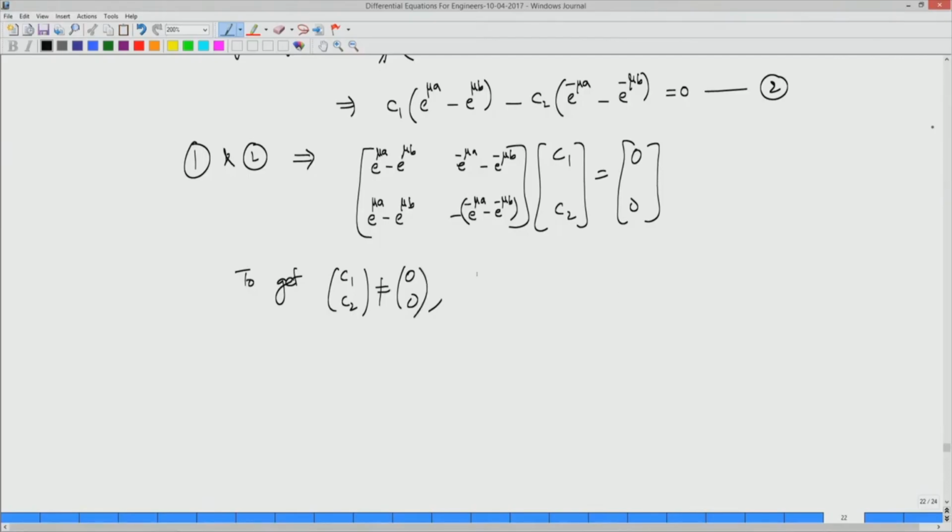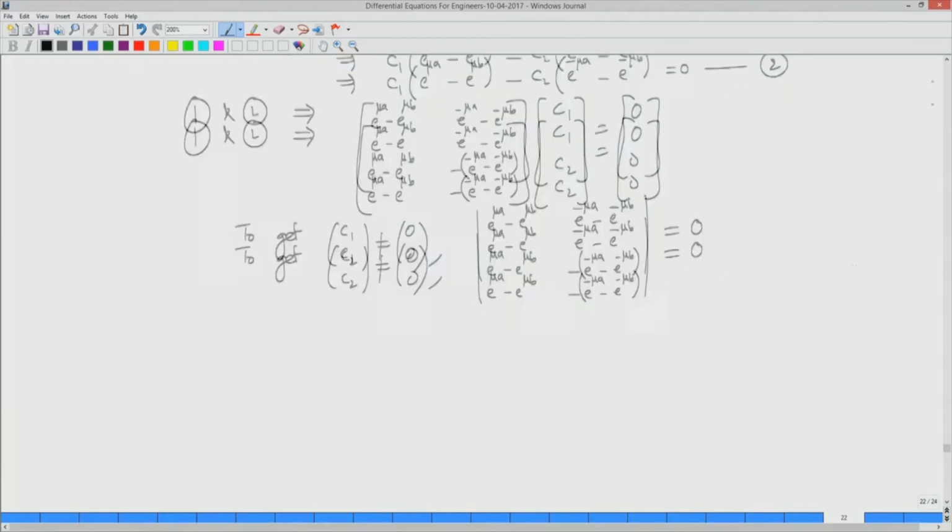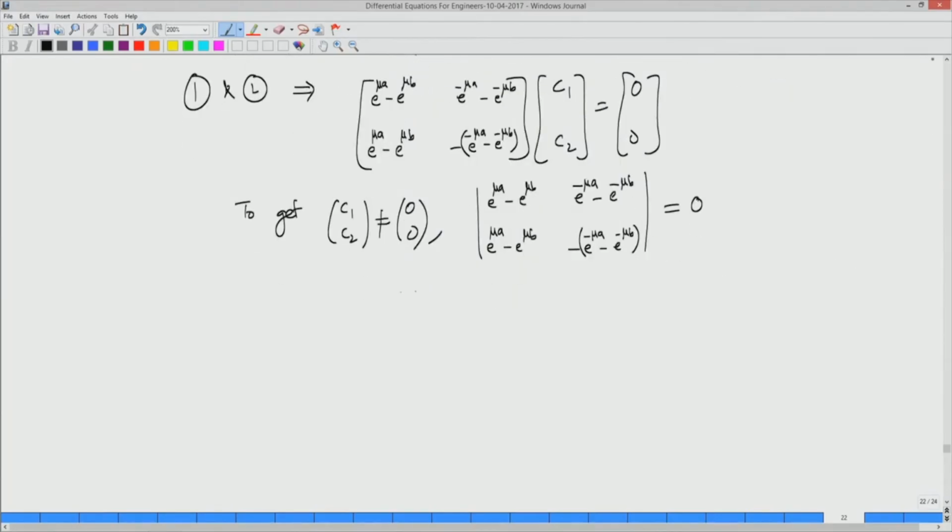This determinant has to be 0, because it is like Ax equal to 0.